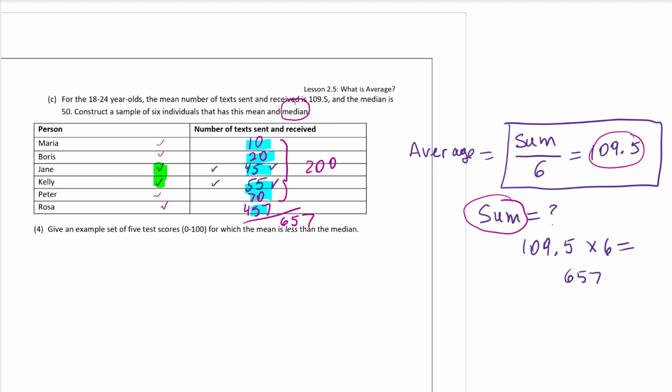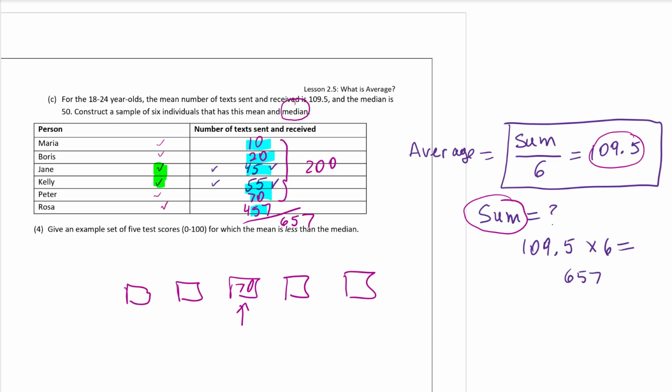So here it goes. All right, so here's one more question. Give an example set of 5 test scores for which the average, the mean, is less than the median. So let's try to visualize it. We have the 5 scores. Okay. The median is right here in the middle. We put them in order. Let's say it's 70.